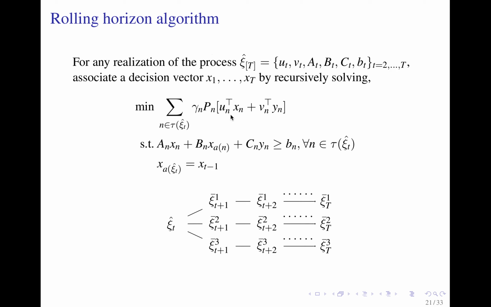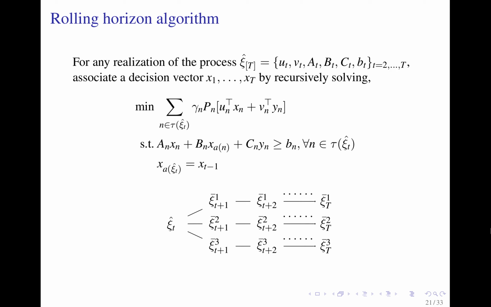As we move forward in time, we construct a dynamic scenario tree which is rooted at the current realization of the true process and construct the corresponding extensive formulation. In this way, we always move along with the true process, and therefore we solve the true problem. All right?